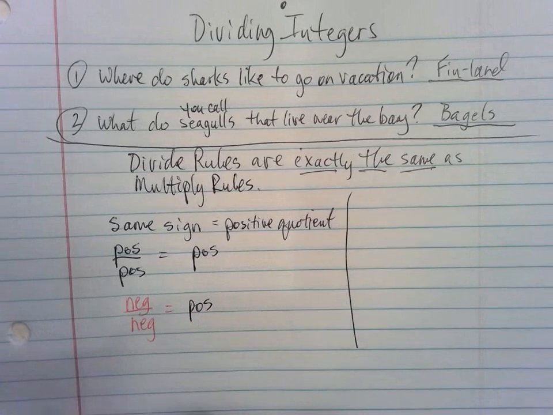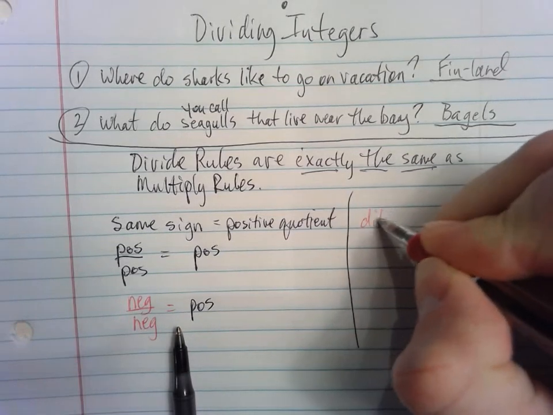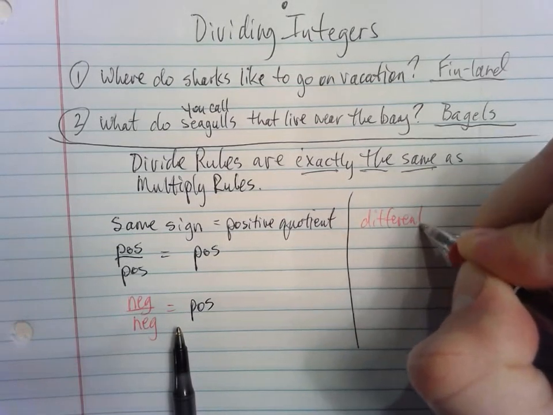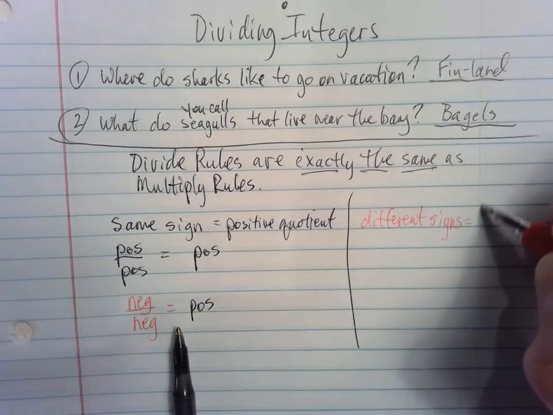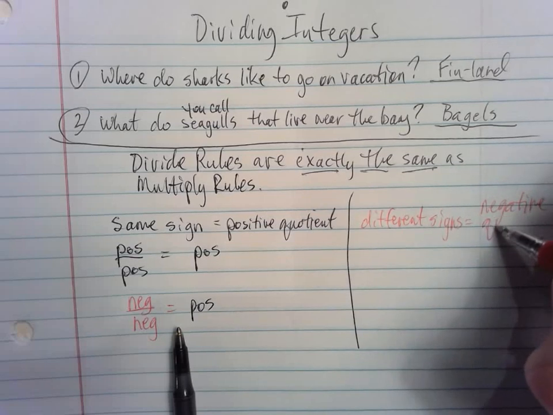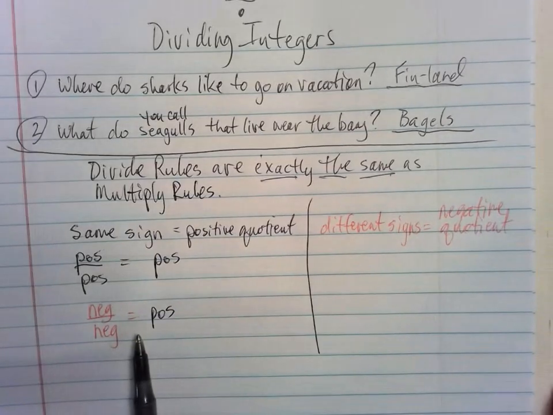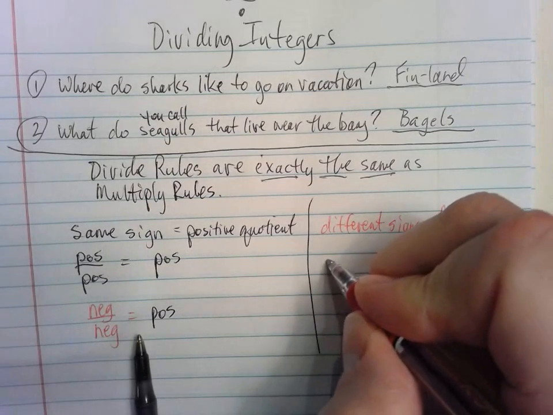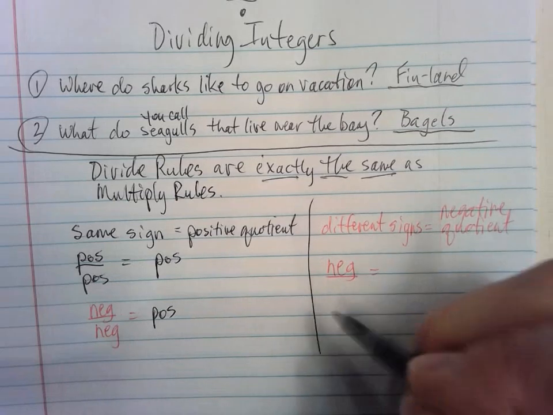That brings us to what happens if they've got different signs. If they've got different signs, guess what? Just like with multiplying, you get a negative. In this case, you're going to get a negative quotient, since we're talking about dividing. So let's say we've got a negative divided by a positive.